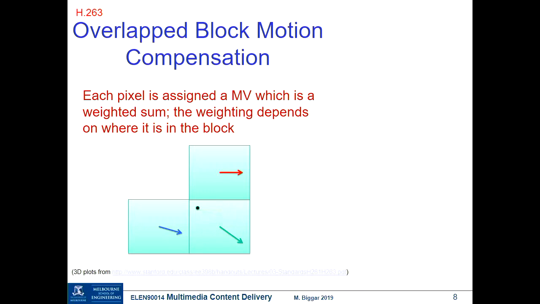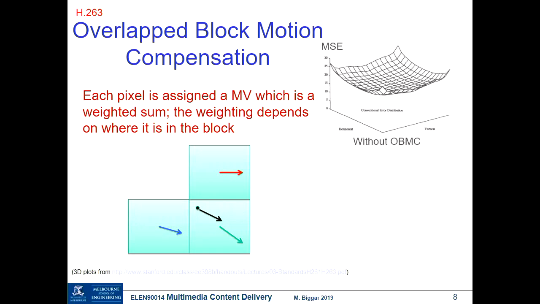Okay, so we would take those three motion vectors and we would create a weighted sum, and the weight would follow a formula that both encoder and decoder know, determined by this pixel location, and it would come up with this weighted sum, a single motion vector, and that would be used to predict this pixel.